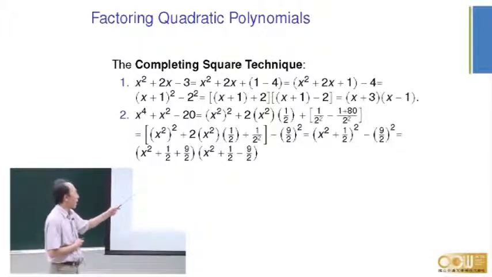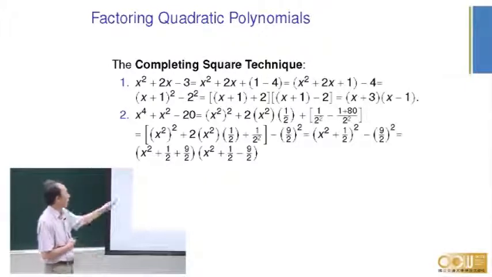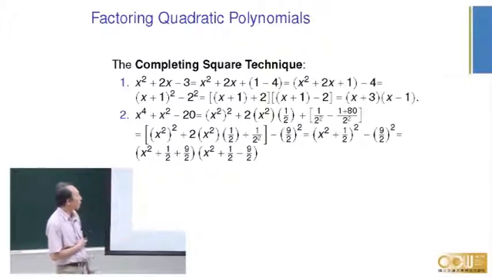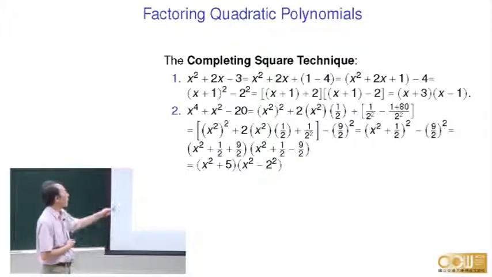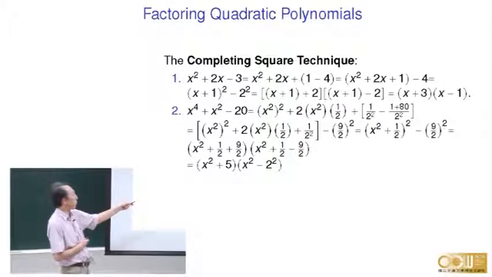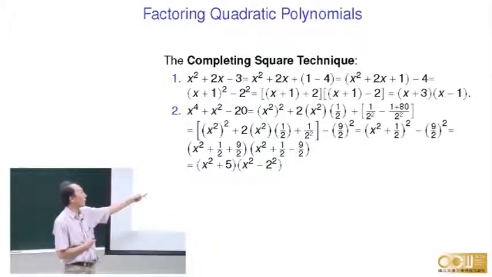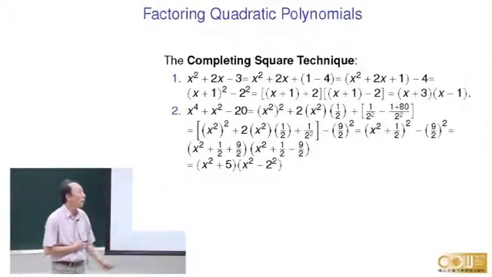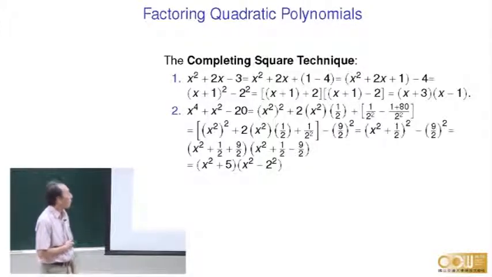Next, we can add the scalar term together inside each pair of parentheses, and which becomes this. Okay, the first one becomes x squared plus 5, and the second one becomes x squared minus, here, after you do the subtraction, which actually is 4, and 4 I write it as 2 squared.